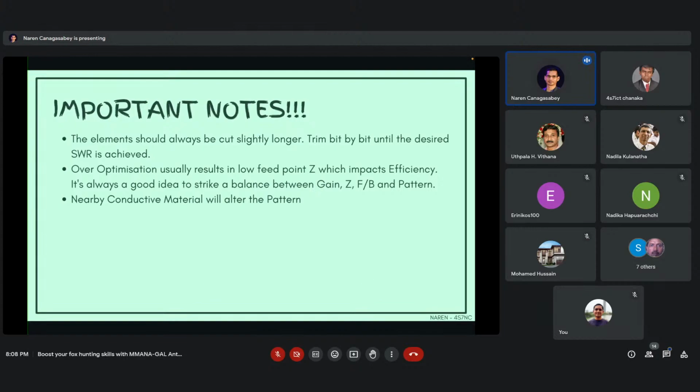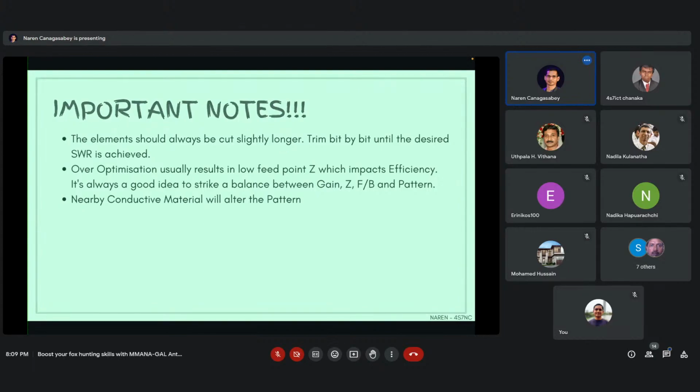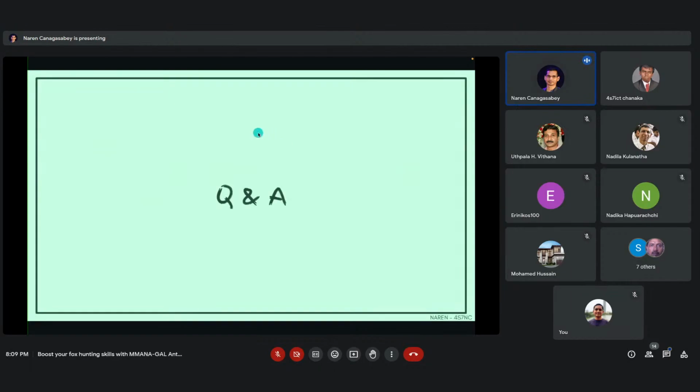As a rule of thumb, if you're mounting the antenna vertically, use a non-conductive mast, at least a foot or two below the antenna. Ideally you should attach the antenna boom to a non-conductive mast if the antenna is used in vertical polarization. Right? So that's for the modeling session.